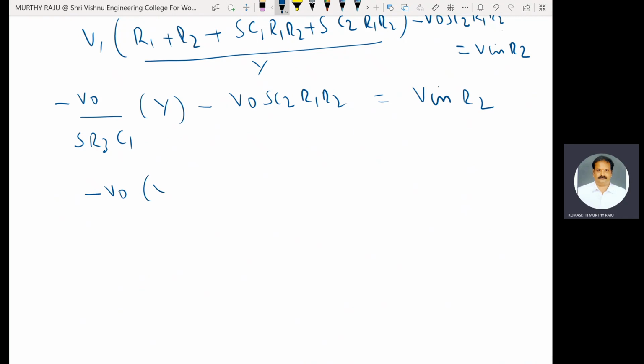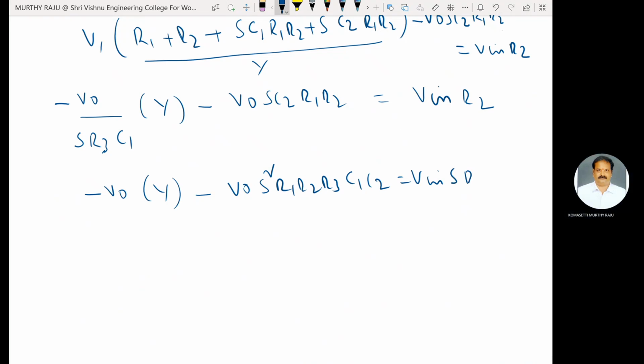Minus V naught Y minus V naught S square R1 R2 R3 C1 C2 is equal to V in S R2 R3 C1.